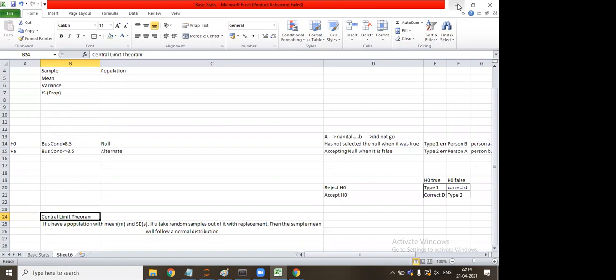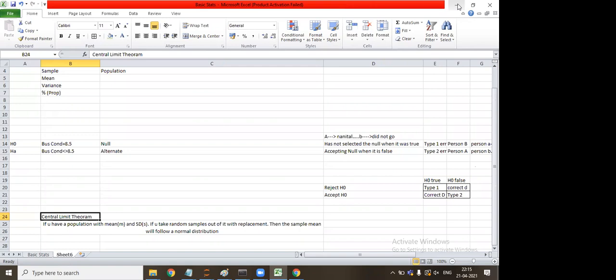And in case the sample size increases more than 30, then also it is good, and it will be nearer to normal as we increase it. Okay, so the number of samples which I have been taking should be more than 30.